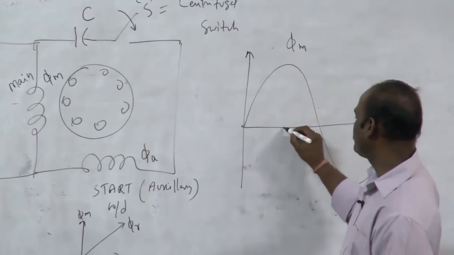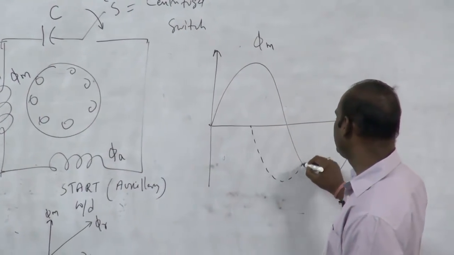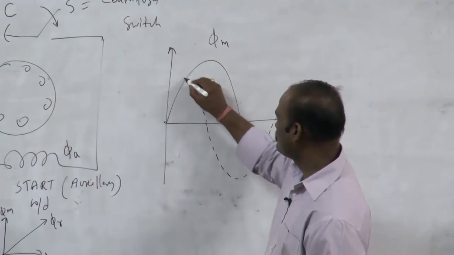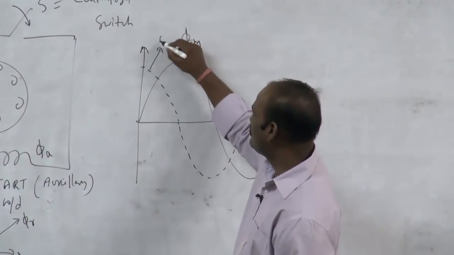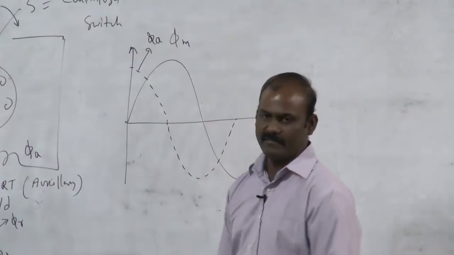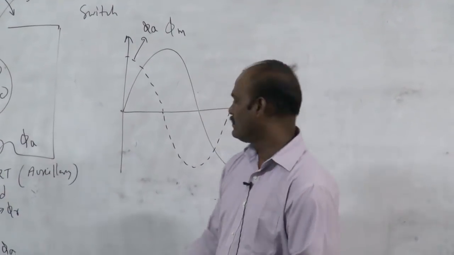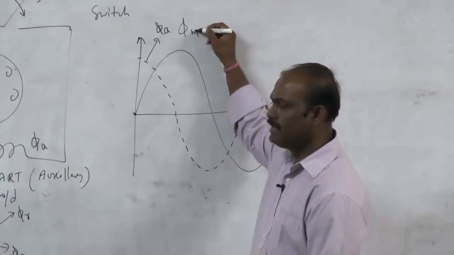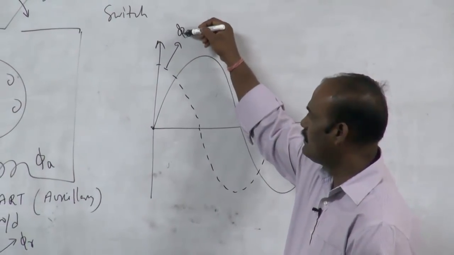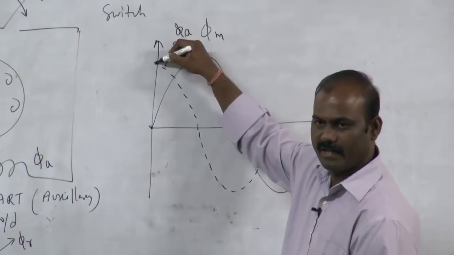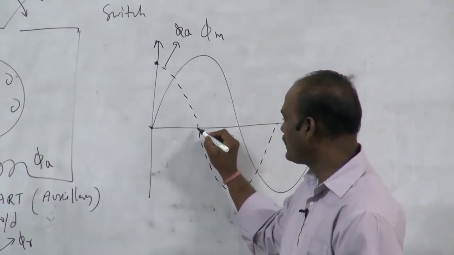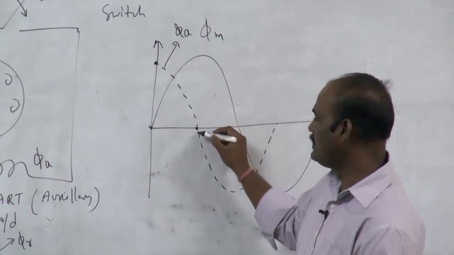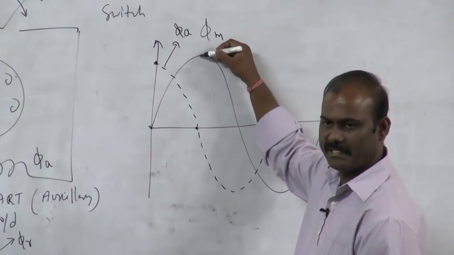So this is phi m, this is phi a, auxiliary flux, main flux. So at every stage, let us say at this particular point, what happens? Main field flux is 0. Auxiliary flux is having some value, right? At this particular point, phi a is 0, phi m is maximum.